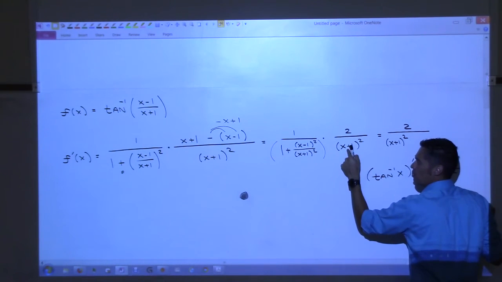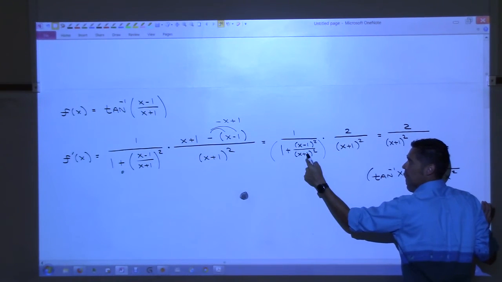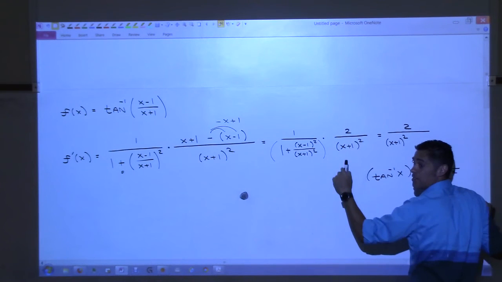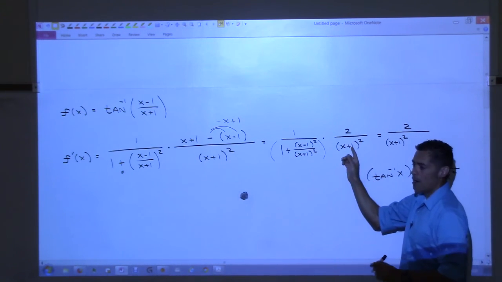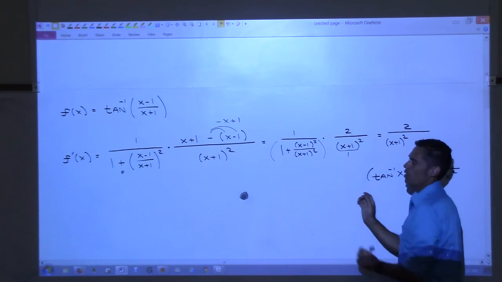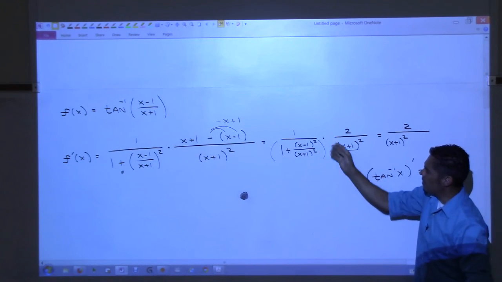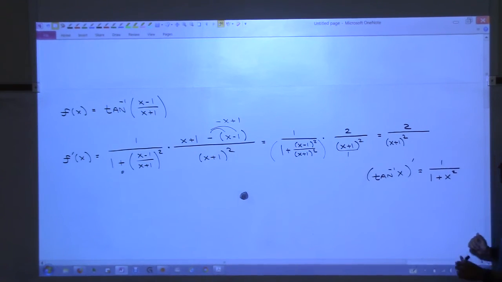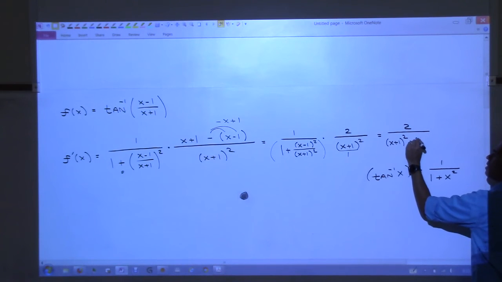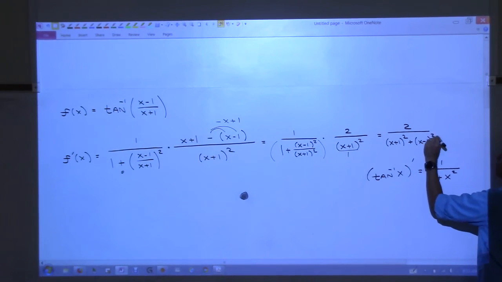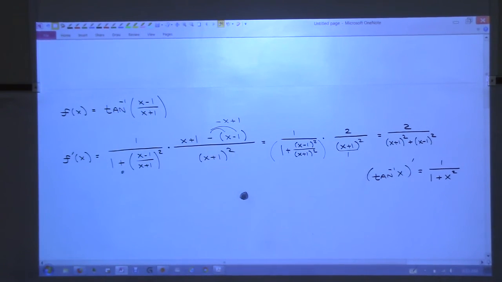And then what happens when I multiply this times this one? They cancel, right? The x plus 1 squared, you can look at this as being like over 1 if you want. When you go like here to here, the x plus 1 squareds cancel. And all you're left with is the plus and then the x minus 1 squared. How's that?